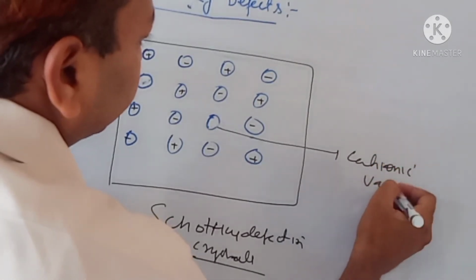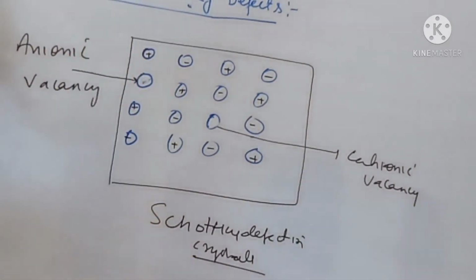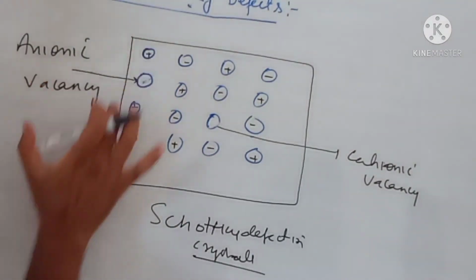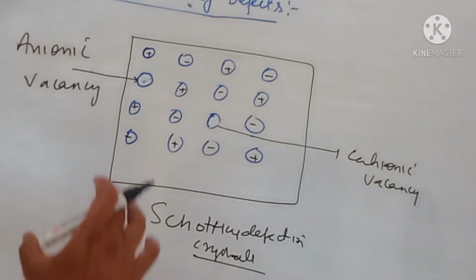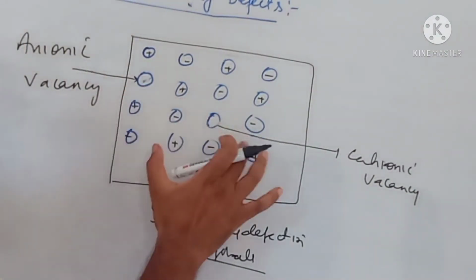So in this crystal there is one cationic vacancy and one anionic vacancy.